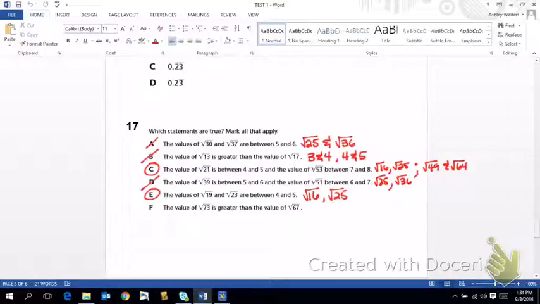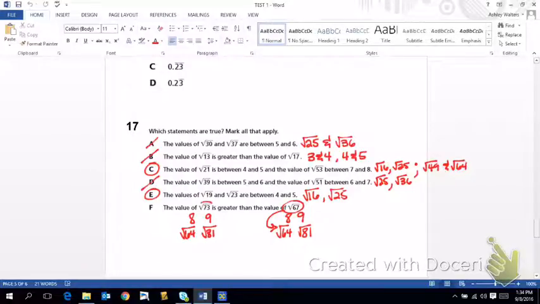And the value of the square root of 73 is greater than the value of the square root of 67. These both fall between 8 and 9, which would be the square root of 64 and the square root of 81. 67 is going to be closer to 64 because there's only a difference of 3 there.